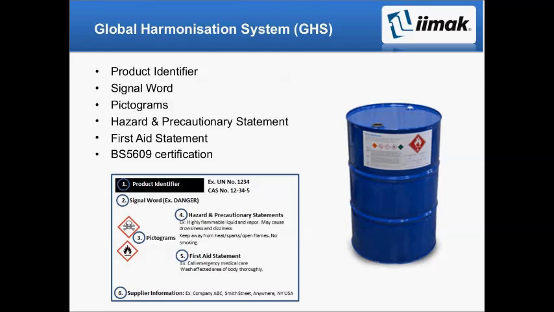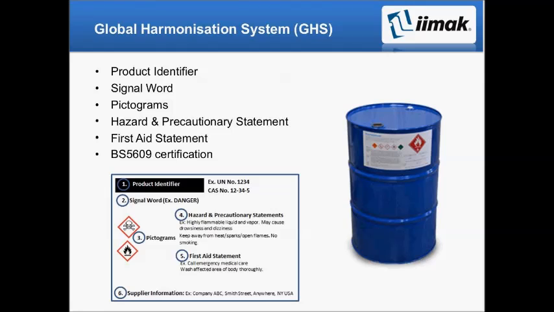It's a government regulation to communicate hazard information, as well as protective measures on labels. Under the GHS standard, new labels must include several components so they are universally recognised. These include the product identifier, which is the commercial name and chemical name of the product and should match the name on the safety data sheet.